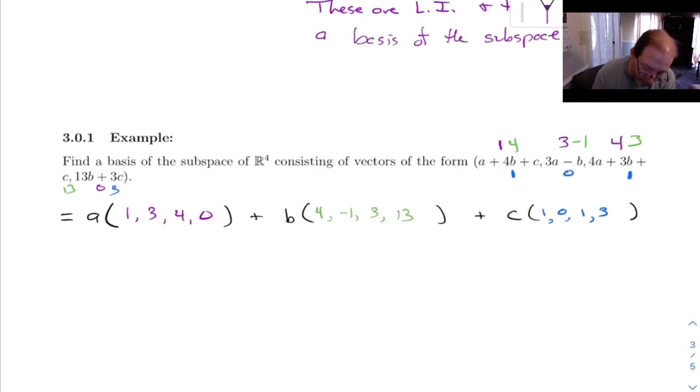Are they linearly independent? Well, I can't just look at them and tell. Sometimes linear combinations are easy to see, sometimes they're not. So here's what we're going to do. We're going to take these like this: 1, 3, 4, 0, 4, -1, 3, 13, 1, 0, 1, 3.